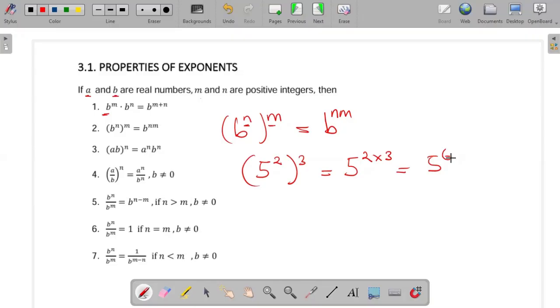And this 5 to the power 6, if you plug that in, will be 15,625. But the point is that if you have numbers like this, what you're doing is essentially multiplying those exponents. Okay, let's move on to the next property.